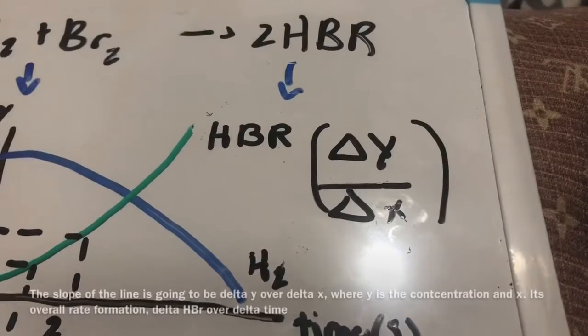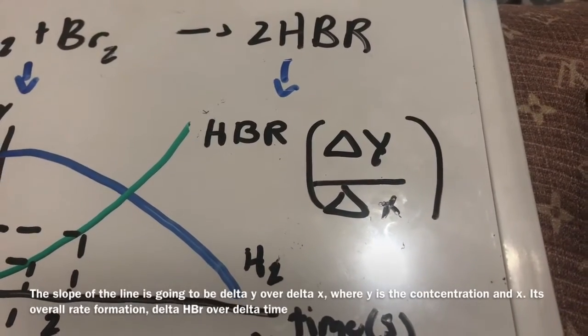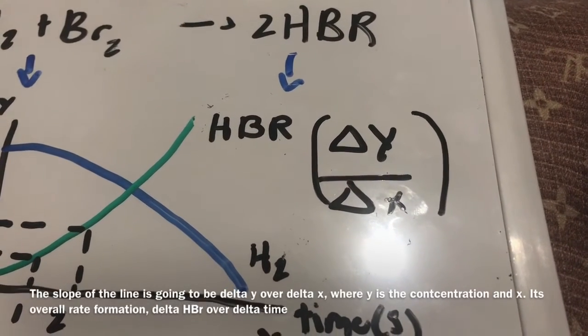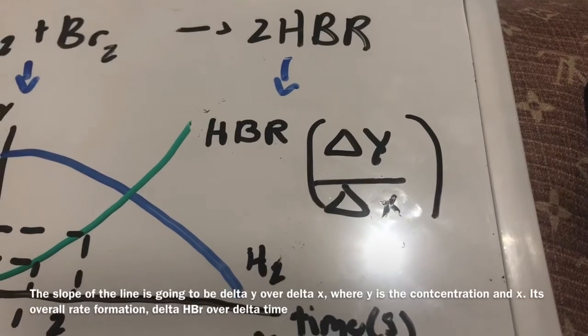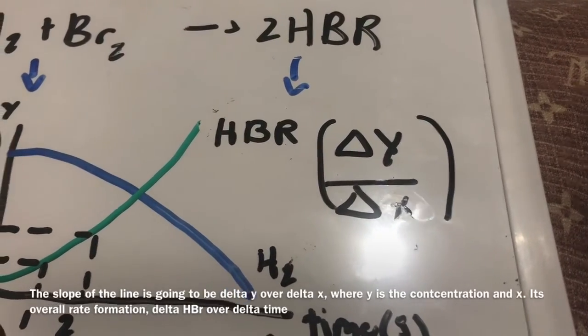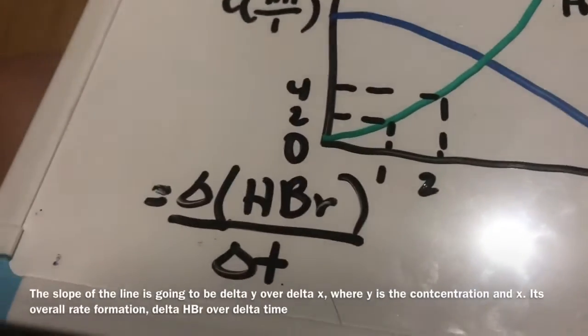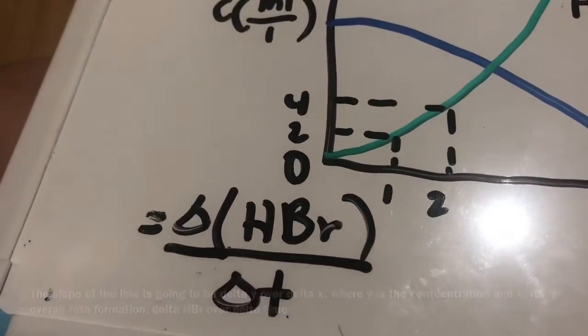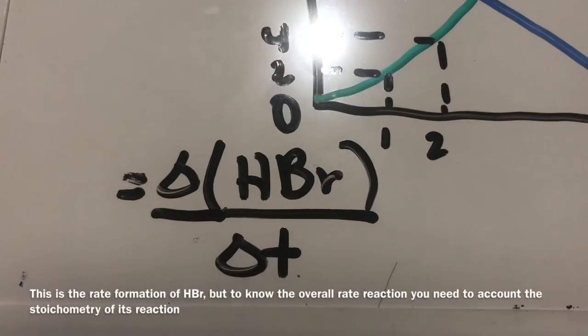The slope of the line is going to be delta y over delta x, where y is the concentration and x is time. So its overall change is delta HBr over delta time. This is the rate of formation of HBr.